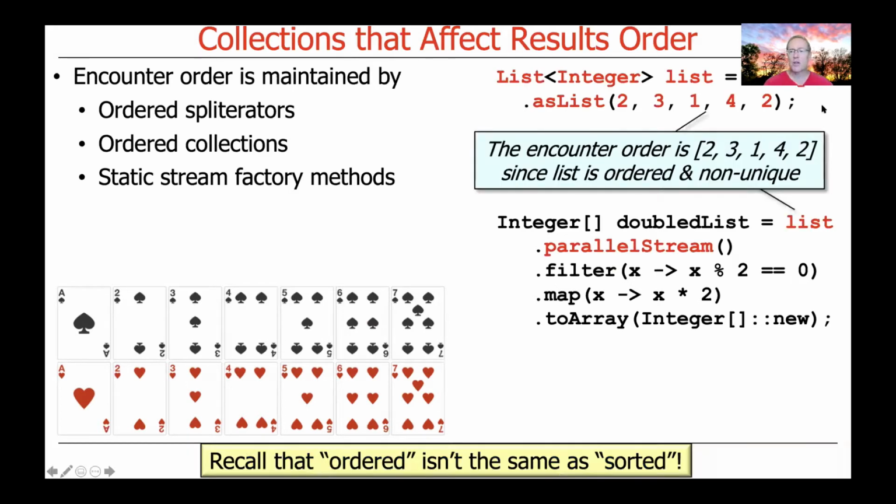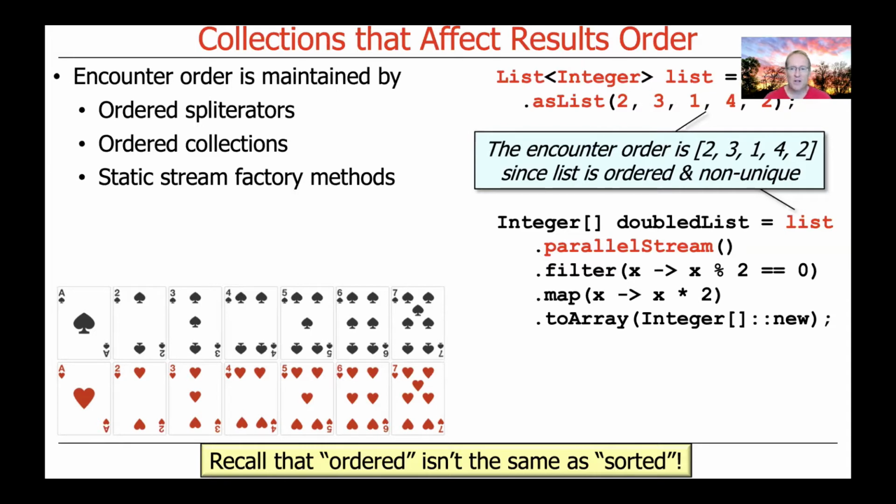So the example we're going to use here has a list of integers, and we get this list of integers by using Arrays.asList, and that's going to make a list that's going to have the elements 2, 3, 1, 4, 2 in that order. So a list, especially an ArrayList, which is what we're doing here, is an ordered collection.